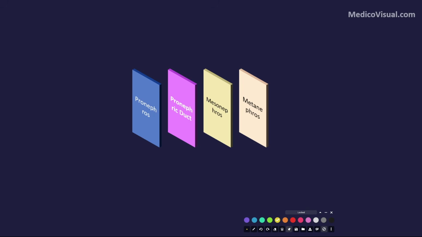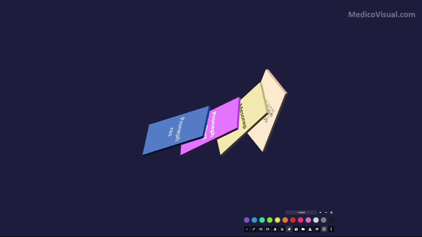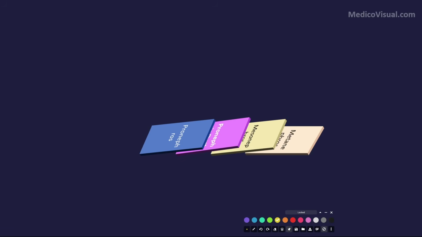It will form the ureter, and in the human kidneys it will also form the renal pelvis and the major and minor calyces as well, all these structures that we will discuss in today's lecture. But it is like a domino effect. Without the formation of pronephros, ultimately metanephros will fail to form. That is simple. So that is why it is important to form the pronephric as well as mesonephric kidney.